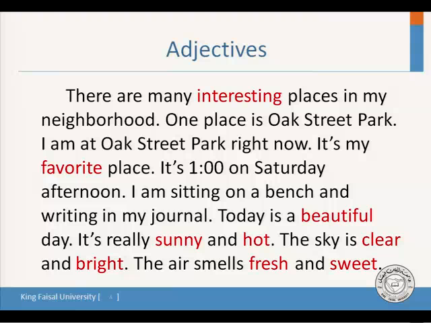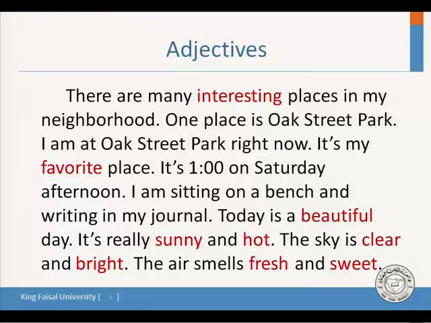It's really sunny and hot. 2 adjectives, sunny and hot. And the verb be is: it is really sunny and hot. The sky is clear and bright.